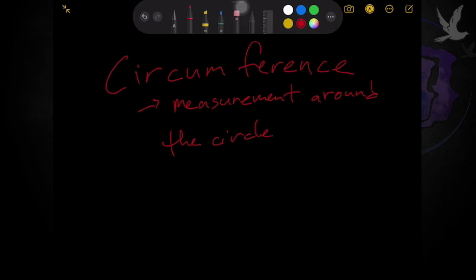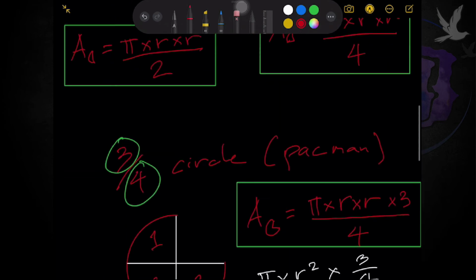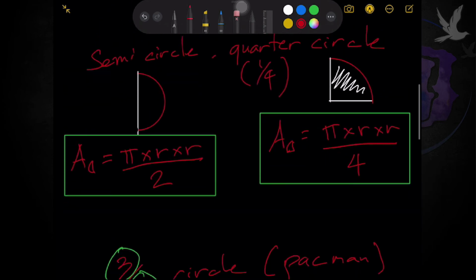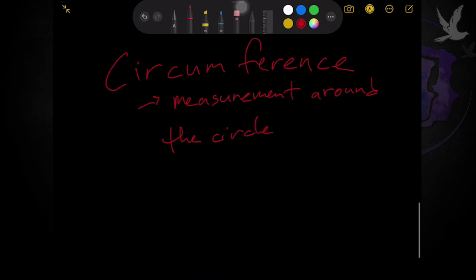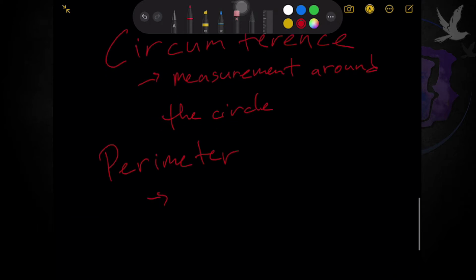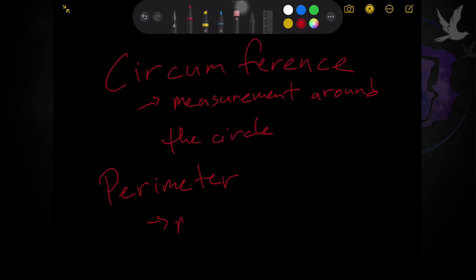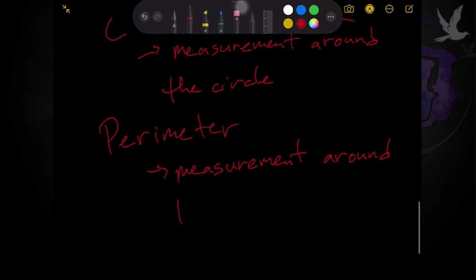Now, when it comes to shapes such as semicircle, yung quadrant circle or quarter circle, yung 3/4 circle, pumapasok na ngayon, pagdating sa circumference, pumapasok ang perimeter. And perimeter is, by definition, the measurement around the figure. Yan ang difference nila. Sa perimeter, it's around the figure.